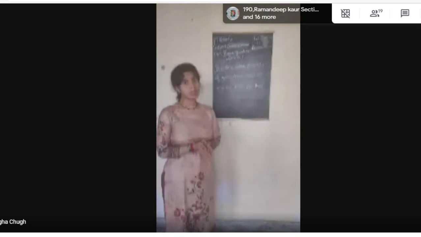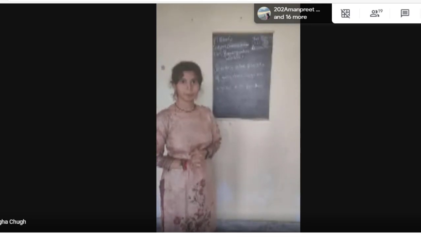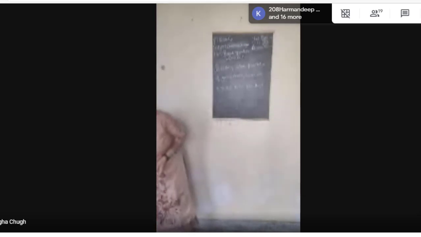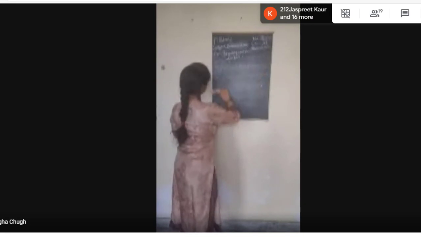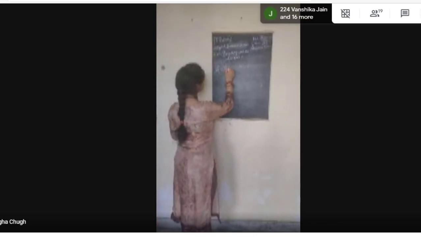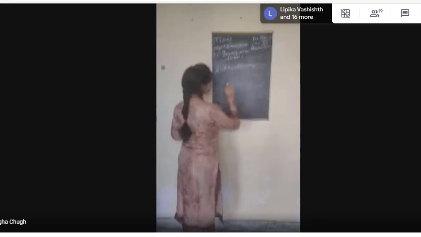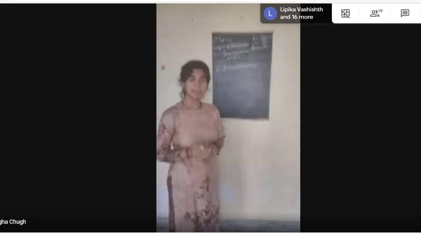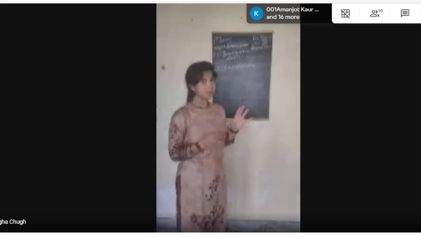Is the meaning clear, students? Yes, ma'am. Very good. Now, students, branding involves two things. First of all is the brand name. The brand name means the thing that can be spoken or seen on the product and which can be uttered.